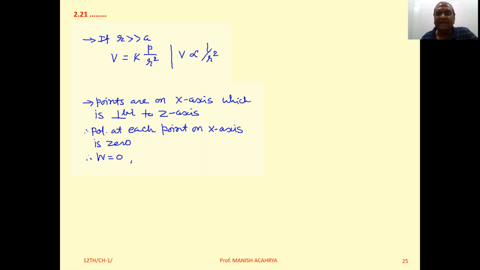So work done is 0. Then it is asked, if the path is not along the x-axis, will any change take place? No, because work done does not depend on the path. It depends only on the initial and final positions. Clear to all of you?